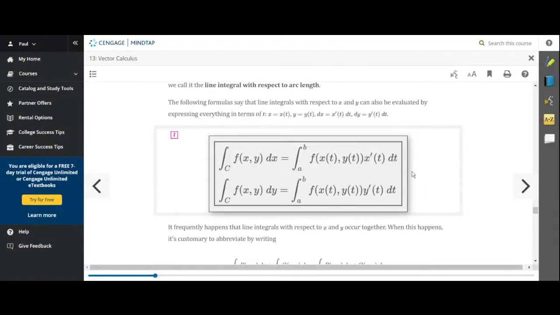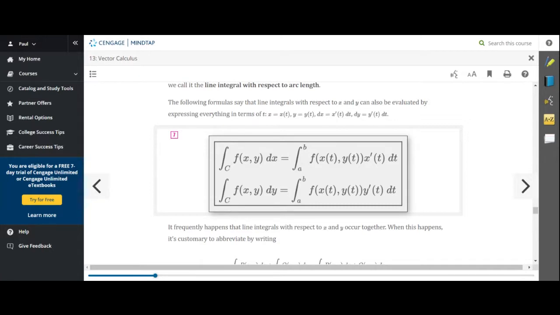So line integrals with respect to x and y. How are they getting this? They're replacing the dx with x prime of t dt. The line integral with respect to x is the integral over the curve C of f of (x, y) dx. But they're replacing dx in this formula 7 with x prime of t dt.